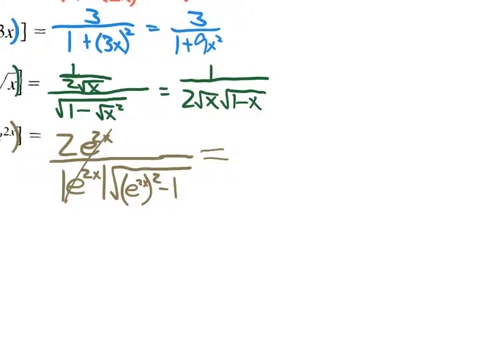Okay? Because e to the 2x over e to the 2x is 1. So now I have just a 2 in the numerator, and in the denominator, e to the 2x squared is e to the 4x minus 1, and that's in my radical. Okay?